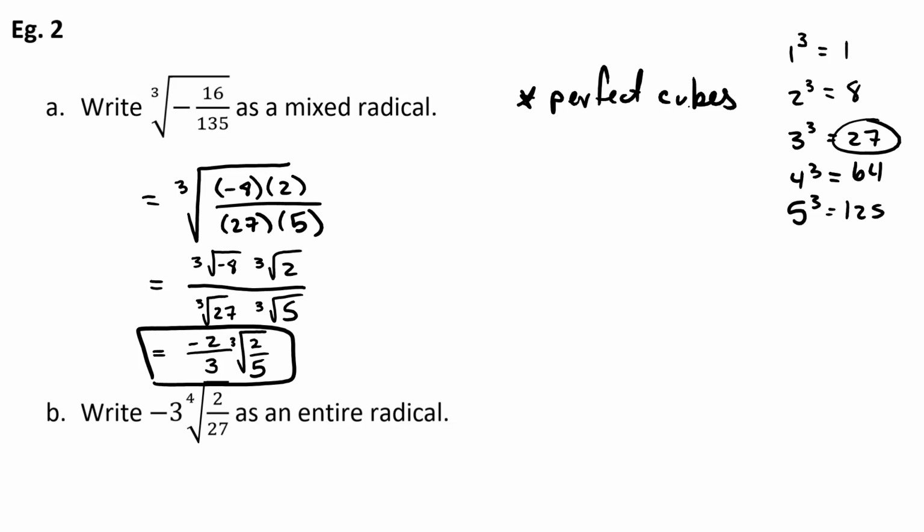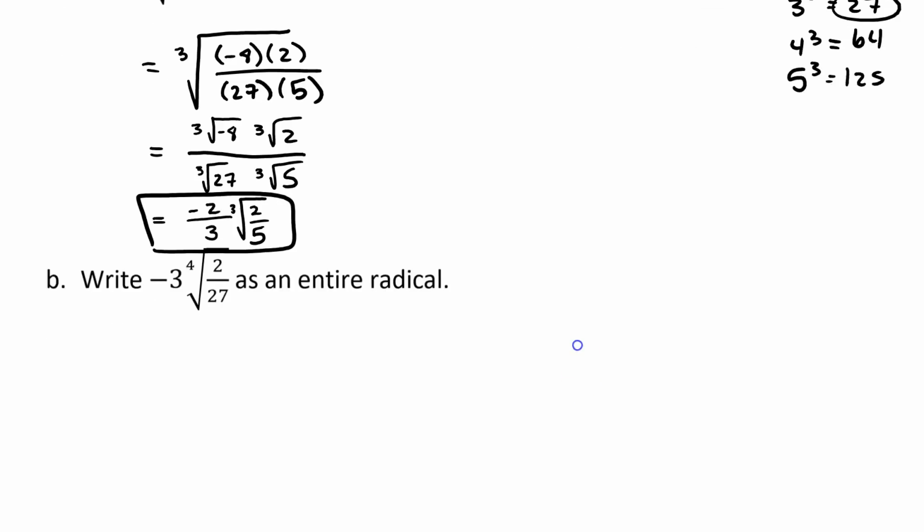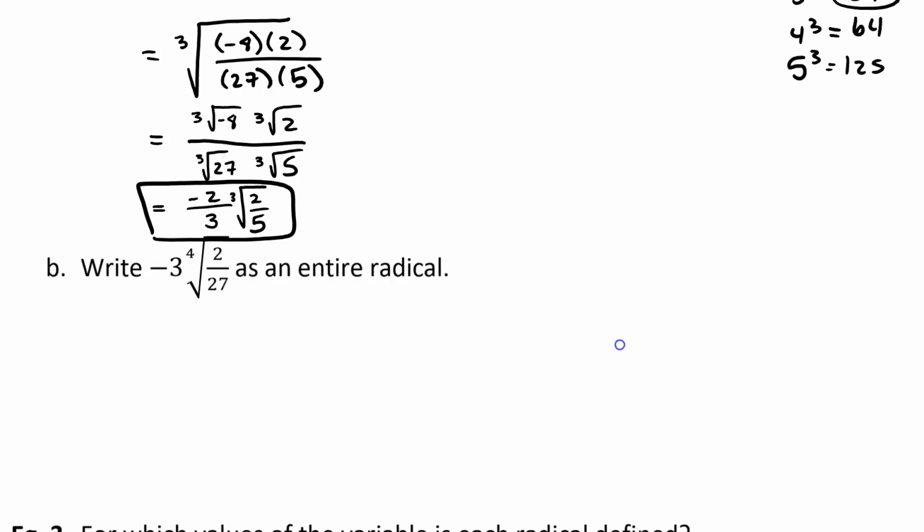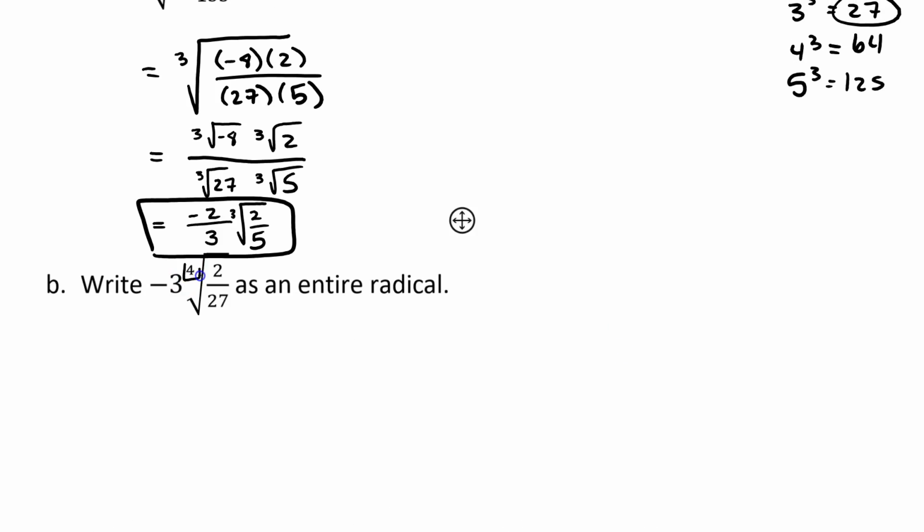And now we are going to go the other way. The first thing we should realize here is that the index is 4. So we need to get this as an entire radical. That means the 3 that's in front, we need to make it underneath the fourth root.